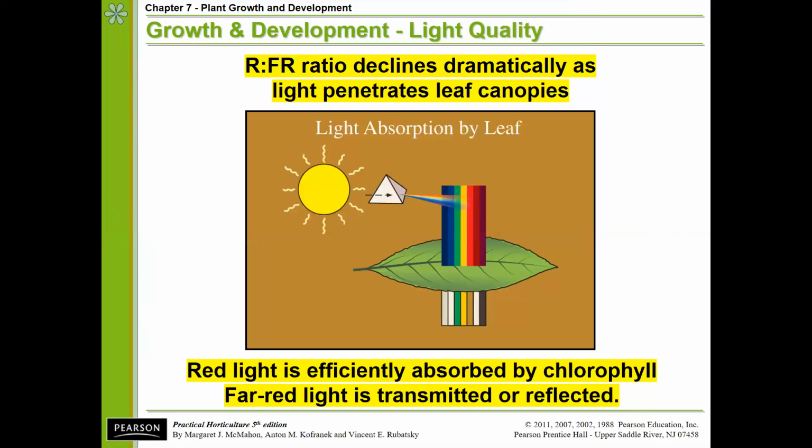And as the red light is absorbed by leaves on top of the canopy, the leaves below receive more far red light, which is not really good for the growth of plants. We want a higher red to far red ratio in order to have good plant growth.